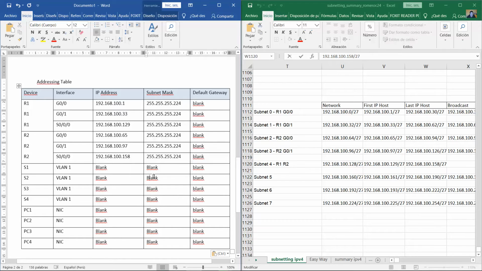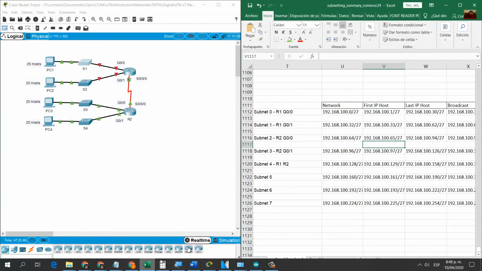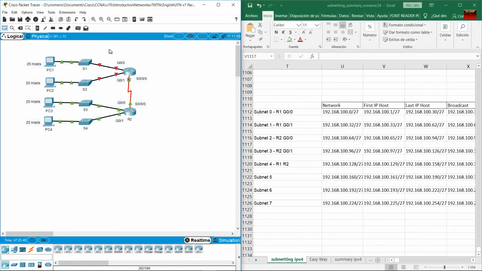Now the default gateway. Assign the second usable IP address in the attached subnets to the switches. Okay. S1 on subnet 0, this subnet, if first is 100.1, use 100.2.